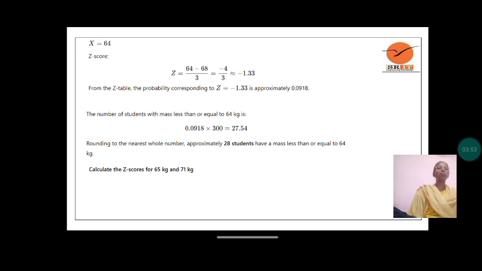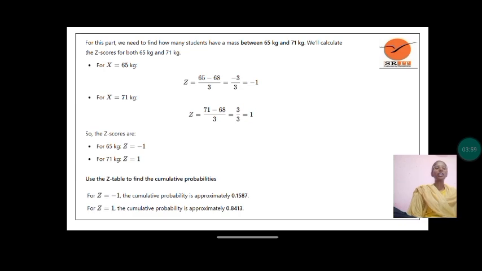Next, we calculate for between 65 and 71 kgs. For this part, we need to find out how many students have a mass between 65 kgs and 71 kgs.